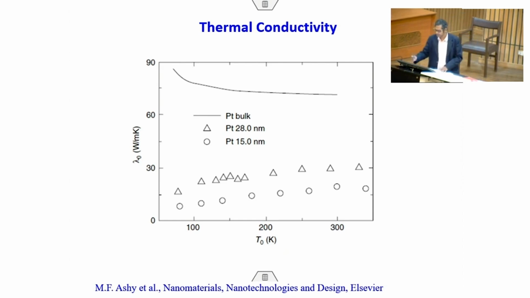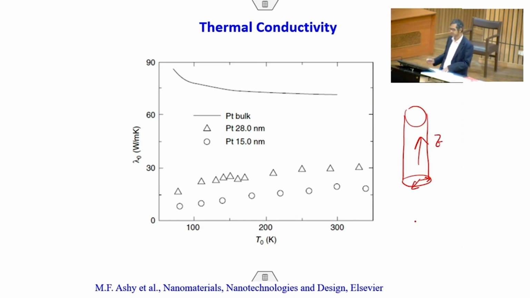You know nanotubes, right? They are like this. So we are talking about thermal conductivity in this direction as compared to this or this. In the z direction, thermal conductivity can be significantly higher, 5 to 6 times or 10 times higher than in the plane of the sheet or the tube.